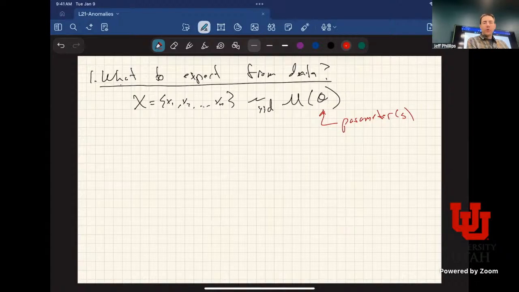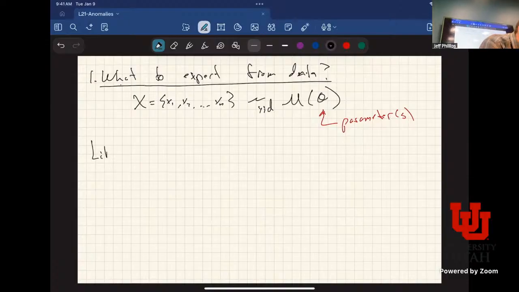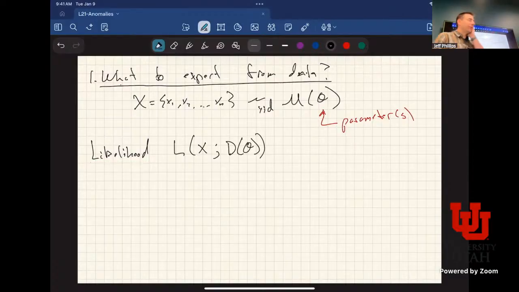What we're going to do is define the likelihood. We're going to call this L of X, given that we assume the data comes from some sort of distribution. I'm going to define a function for a likelihood.